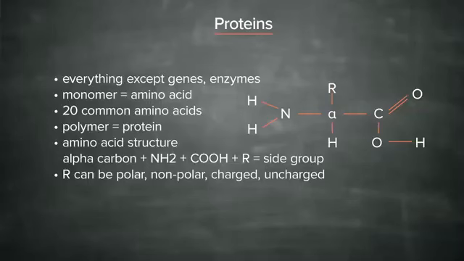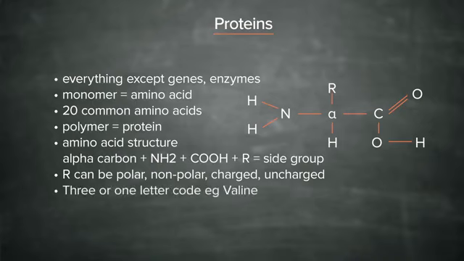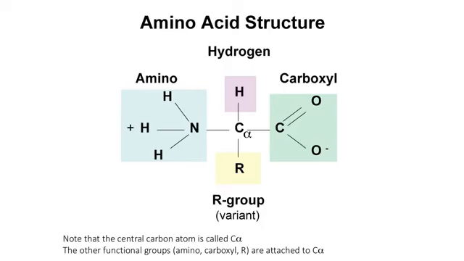We can write the amino acids in 3 different ways. We can write, for example, the full name of the amino acid, valine, or we can abbreviate it VAL, 3 letters, or we can use the 1-letter code, V. Here's a diagram of an amino acid with the R group, as I told you about.